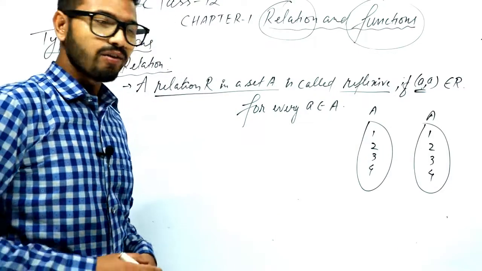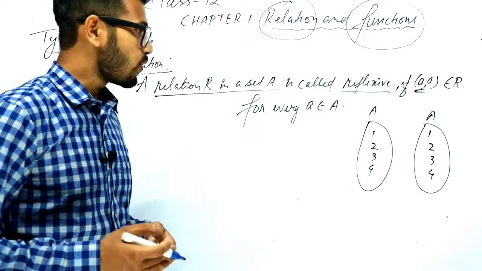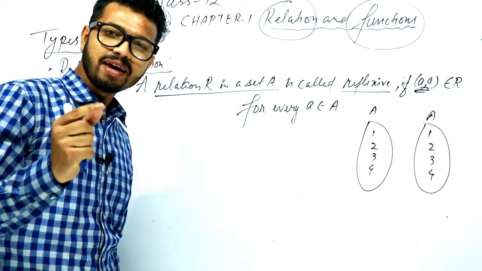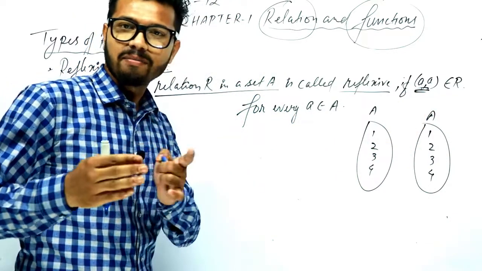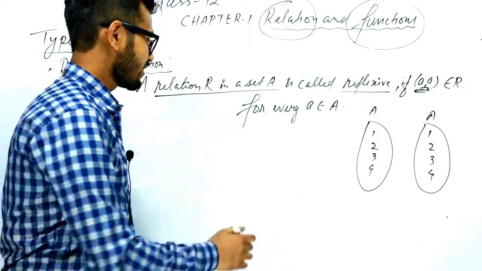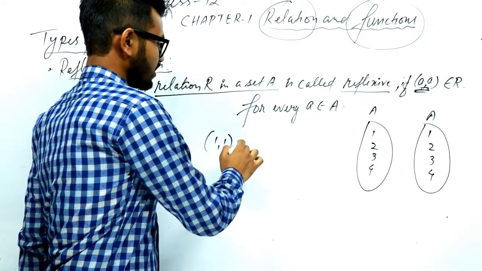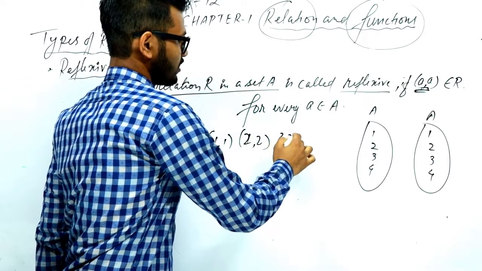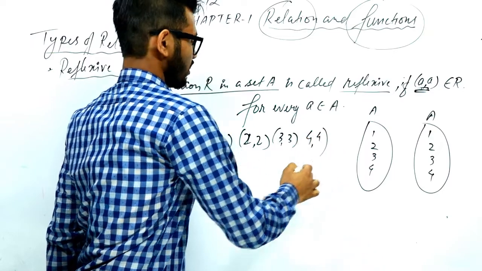A relation will be reflexive when A comma A, the same element, is doubled up in an ordered pair. Suppose I consider 1 comma 1, 2 comma 2, 3 comma 3, 4 comma 4.